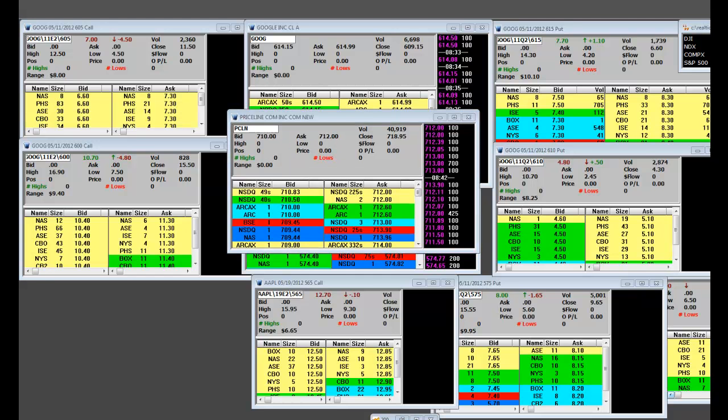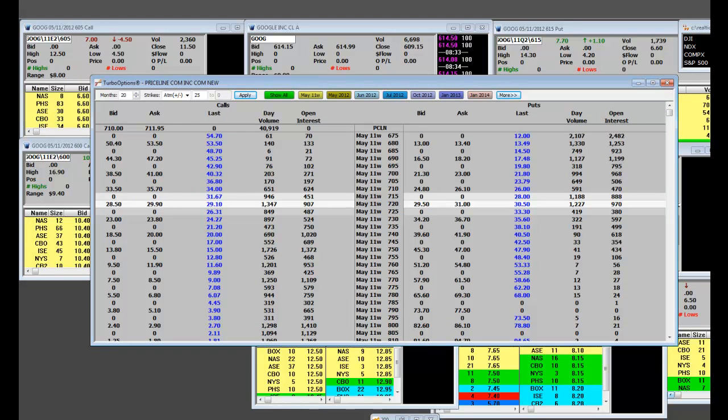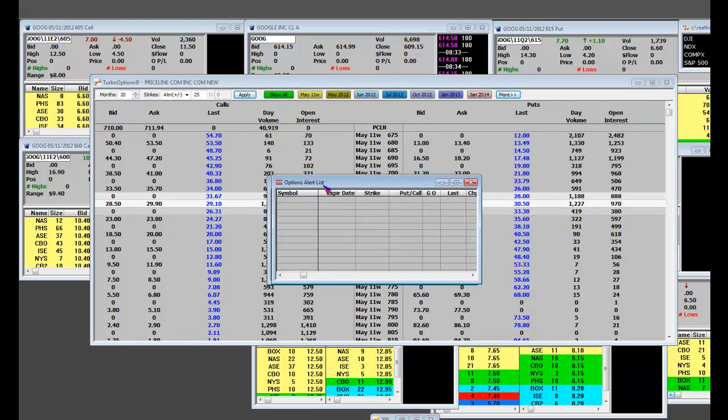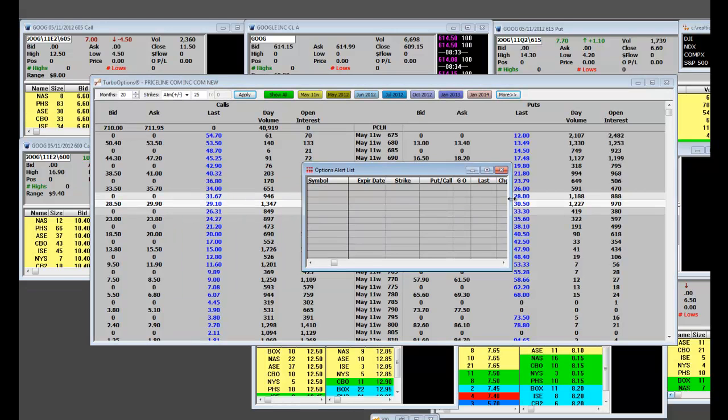I've got that Priceline option tree right here. I'm going to get ready. I'm going to line these bids live with the MMTs.